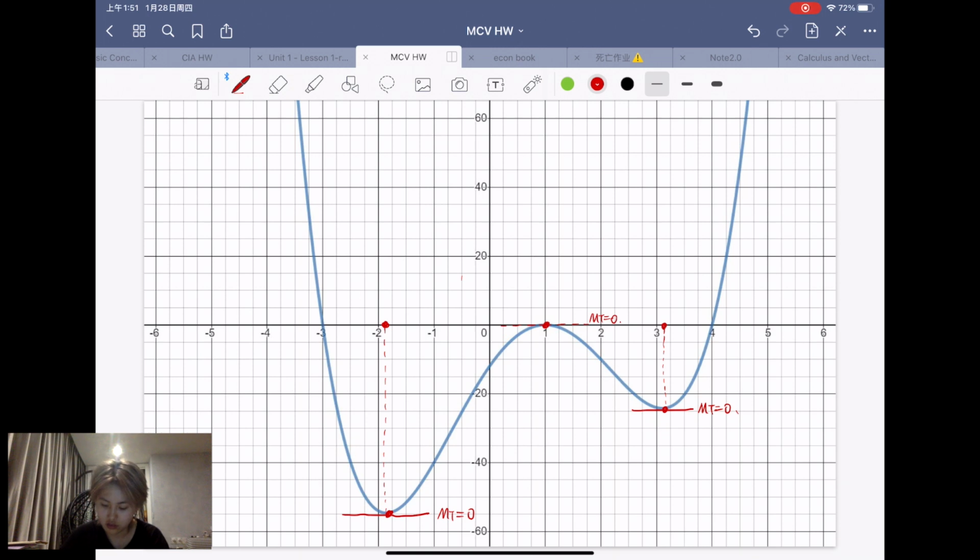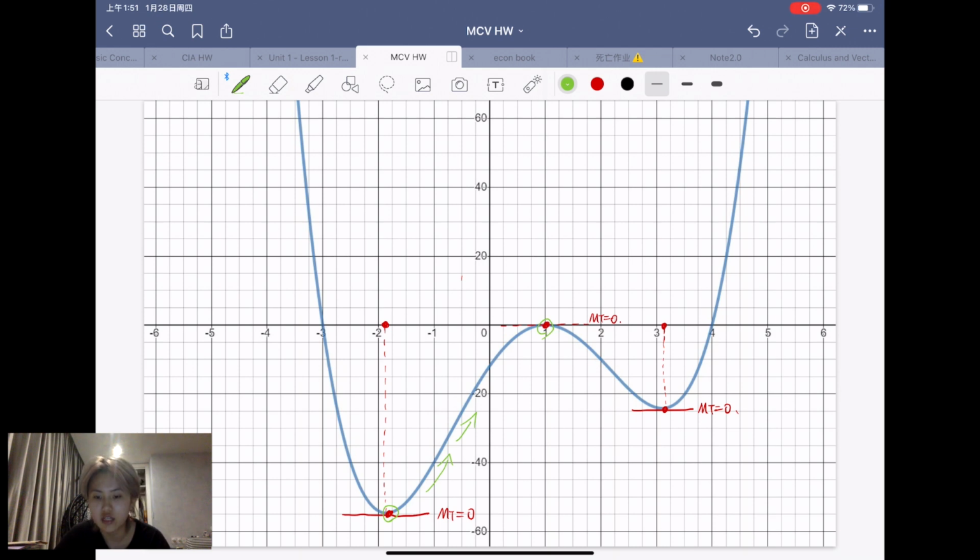So at first, let's look at these 2 points. Between these 2 points, moving left to right, think about the tangent line. On the original graph, the tangent lines are going to be positive here.